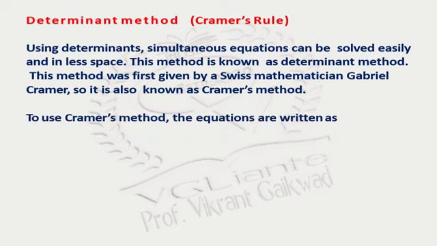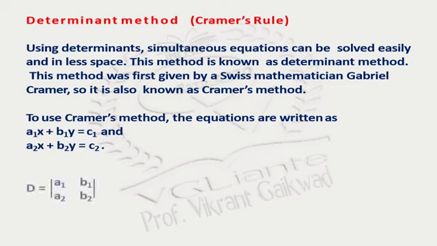To use Cramer's method, the equations are written as a1x plus b1y equals c1 and a2x plus b2y equals c2. You represent the determinant in a 2 by 2 matrix. So determinant D has rows a1, b1 and a2, b2.